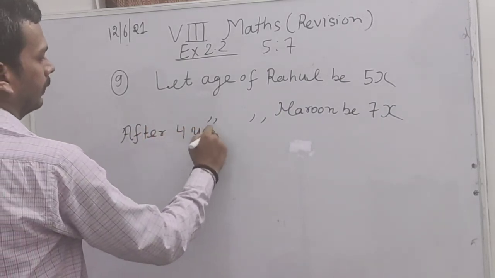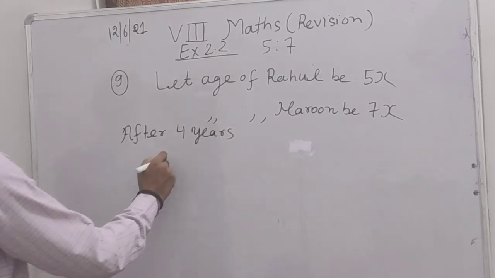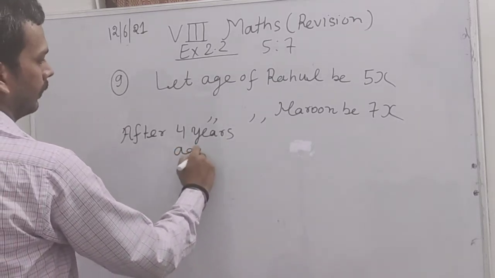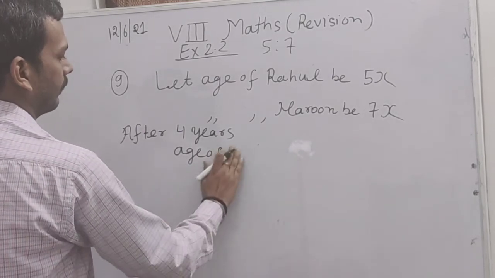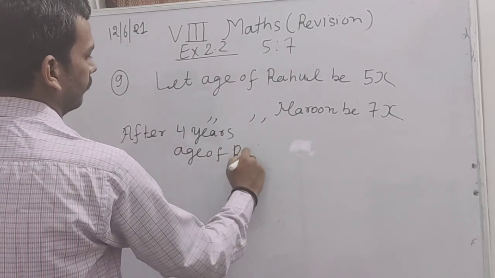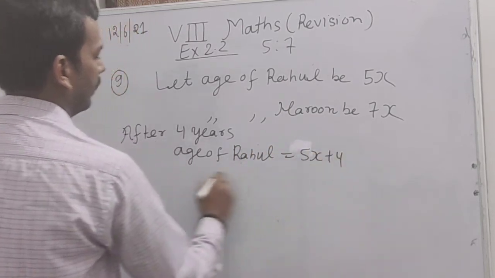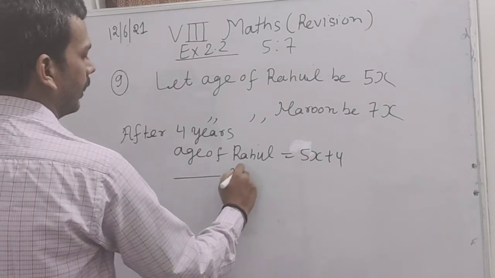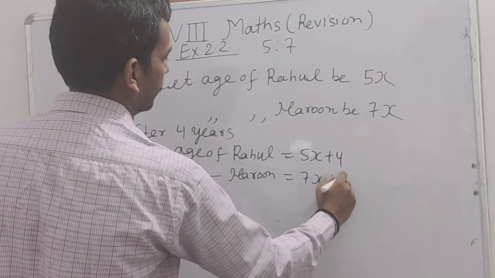Four years later means after 4 years, the sum of their ages will be 56. After 4 years, the age of Rahul will be 5x plus 4, and the age of Harun will be 7x plus 4.